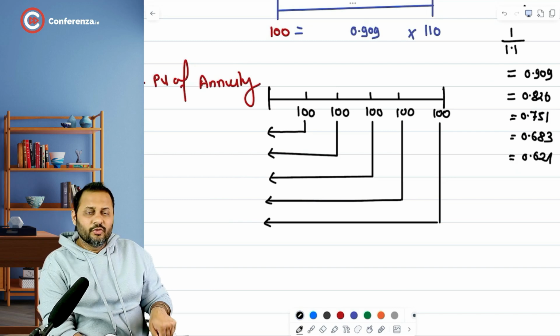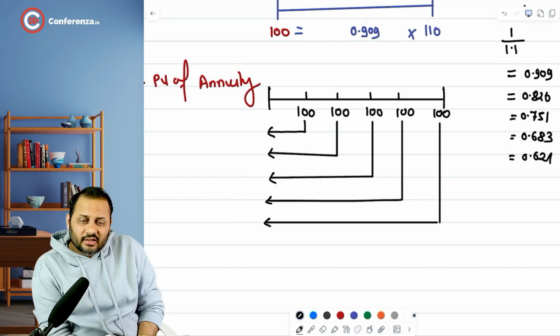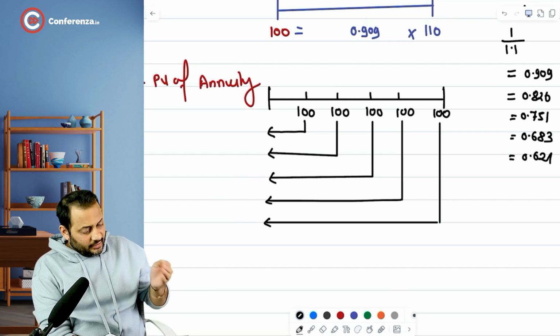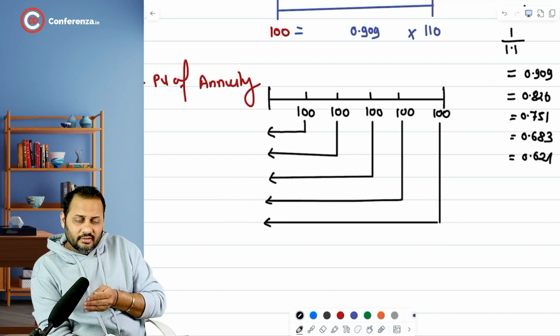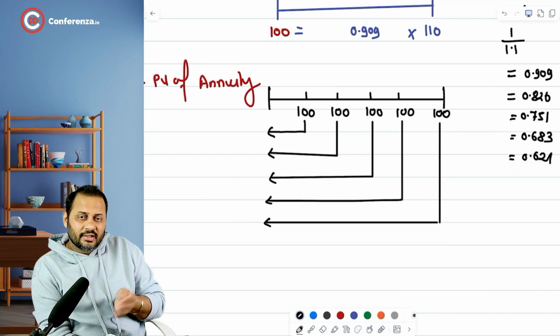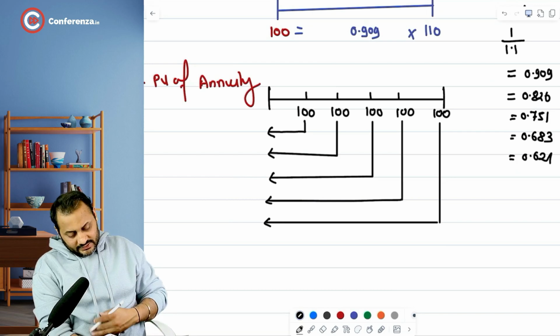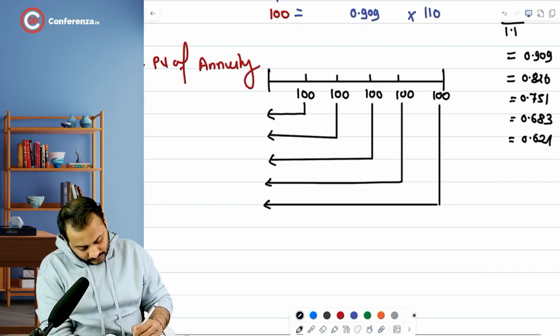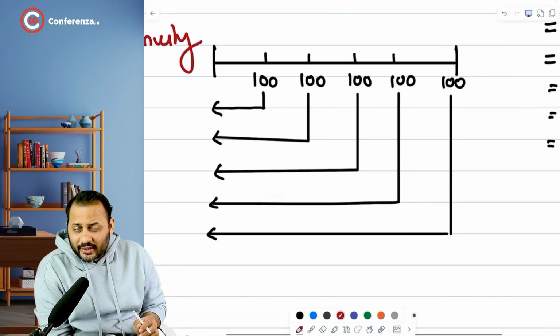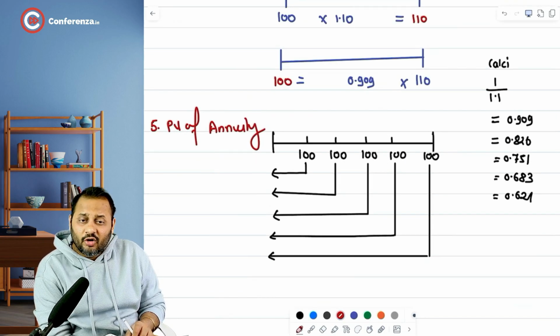Now, there is one way to calculate this, which is to bring every cash flow back and then get the total of it. Let me show you how to calculate the present value of anything, or the future value.